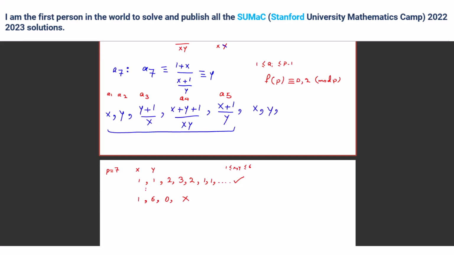I'm sorry, not mod p, mod 5. If you check, the number of good sequences here will be 5 or 7 or 10 or 12. In general, when you want to check these, all these fives, they shouldn't be 0, and then you can find f of p mod 5.